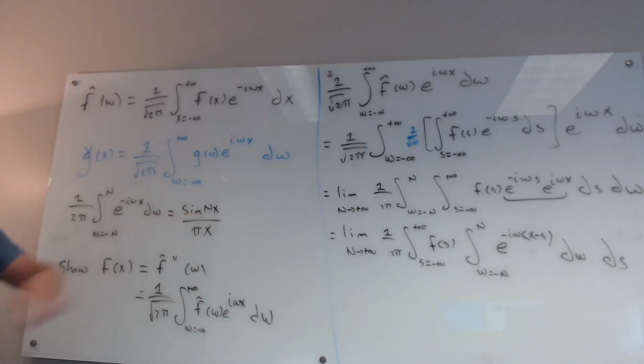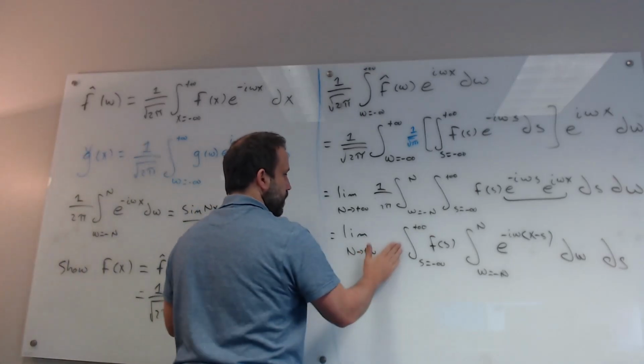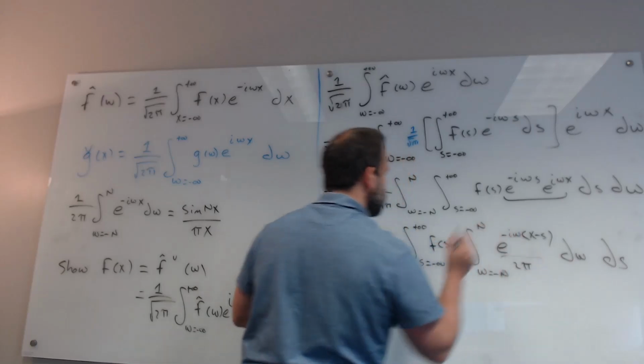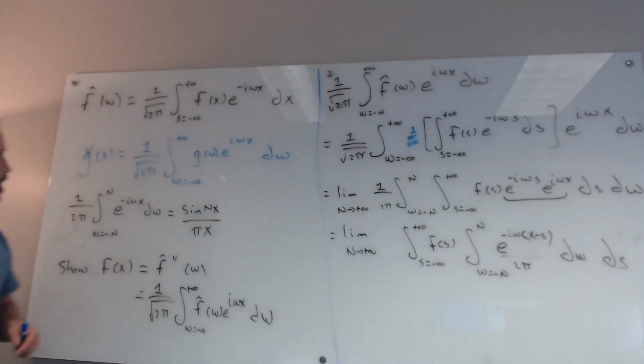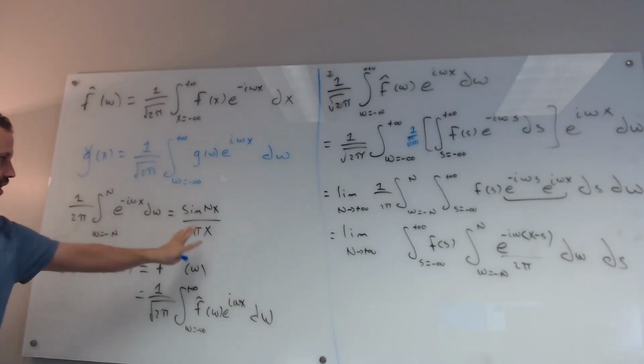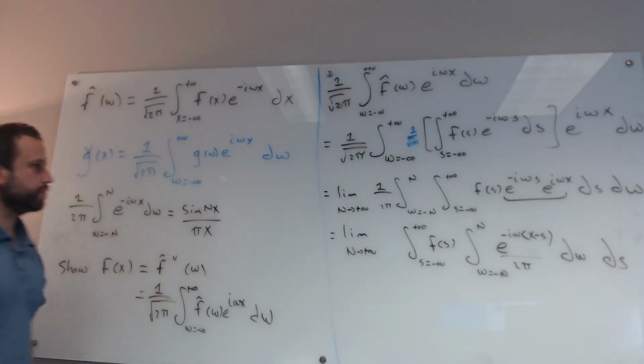So if I look at that inner integral, it's this integral right here. I've got 1 over 2 pi. If I want to move the 2 pi inside the integral, you can always do that with a constant. But now, I don't have an x, I have an x minus s. So it's going to be this, but with x minus s.